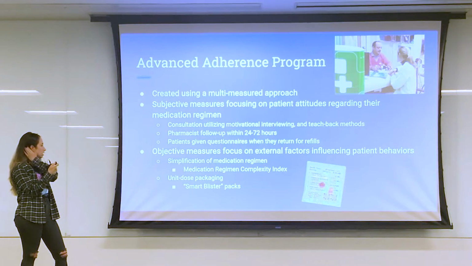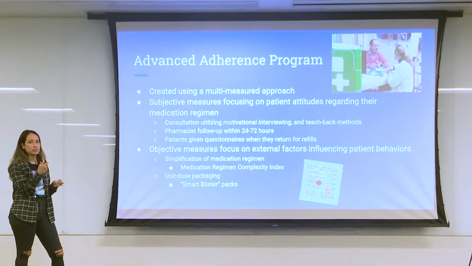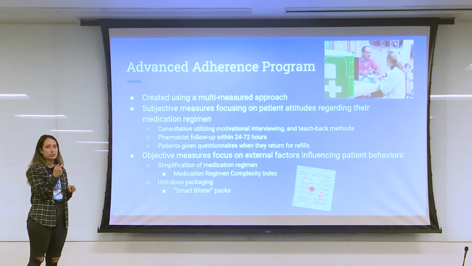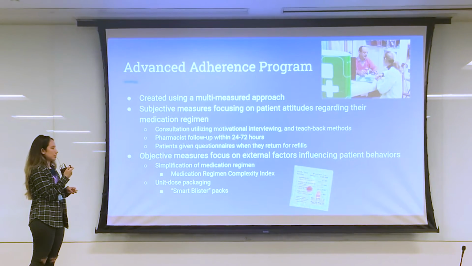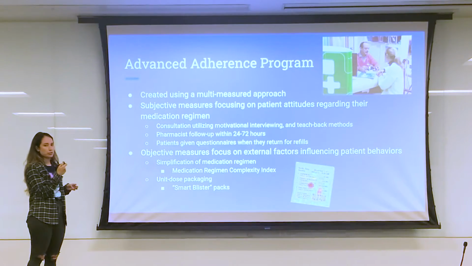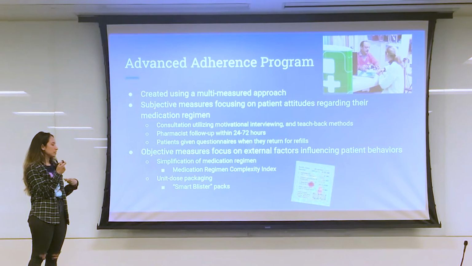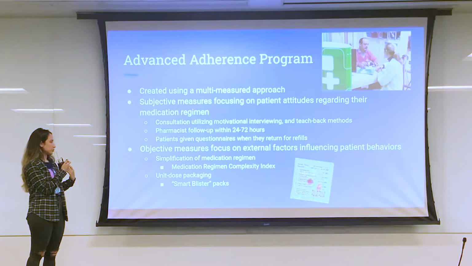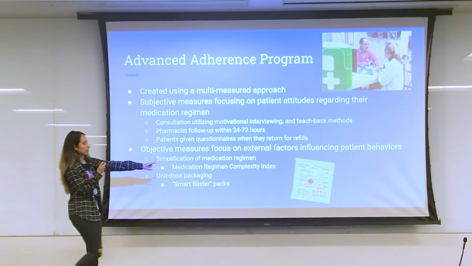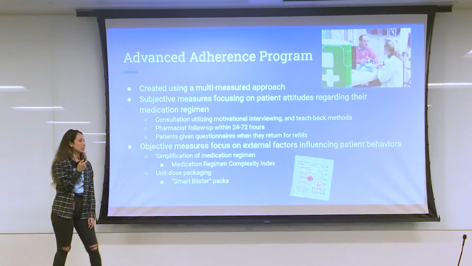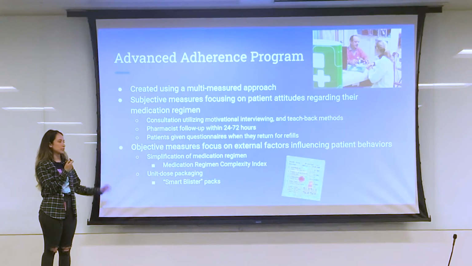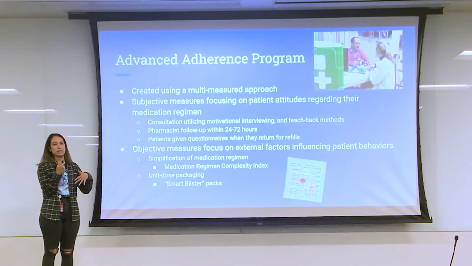We decided that simplifying the medication regimen using computer software and the medication regimen complexity index would be a way to gauge if the patient is going to be able to adhere to their regimen. We also decided to make it easier by introducing unit dose packaging. Like what you see here, that's a way to make it easier for them to take their medications because every single one of their doses is split.